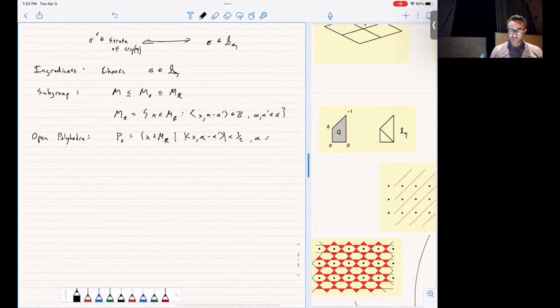Here again, alpha and alpha prime are in sigma. And from these two things, we can define a co-amoeba, what we call the co-amoeba cover. We take our polyhedra and translate it by our subgroup, and we subtract what we get from all of M_R.